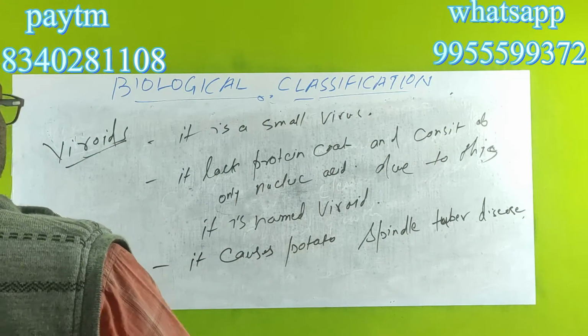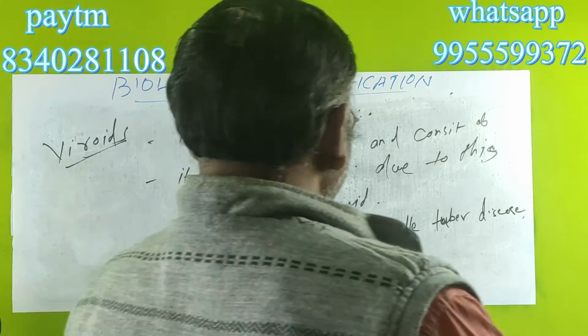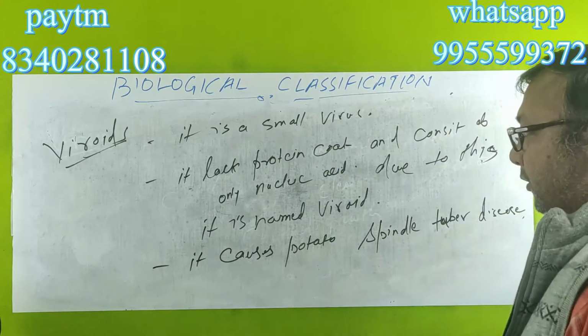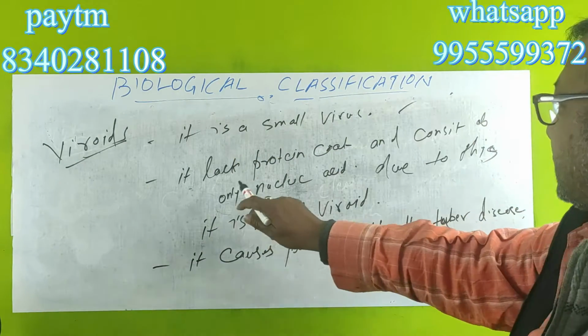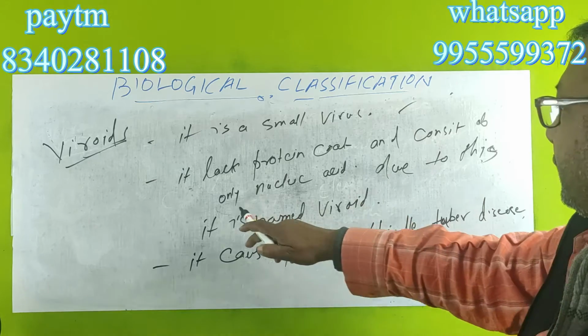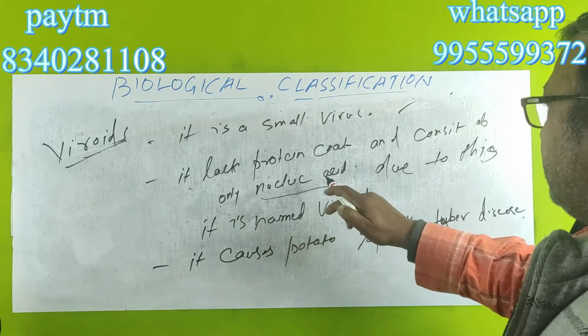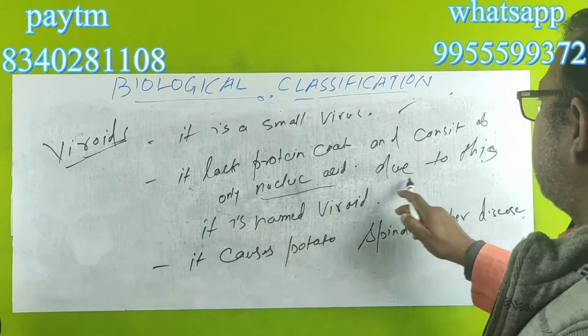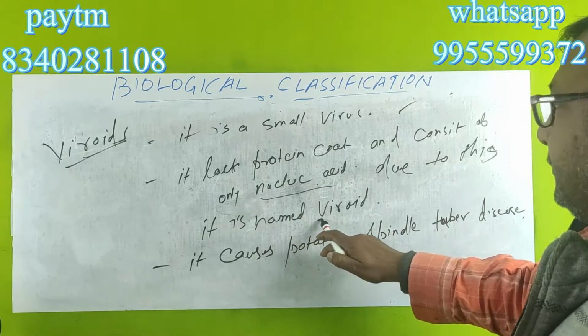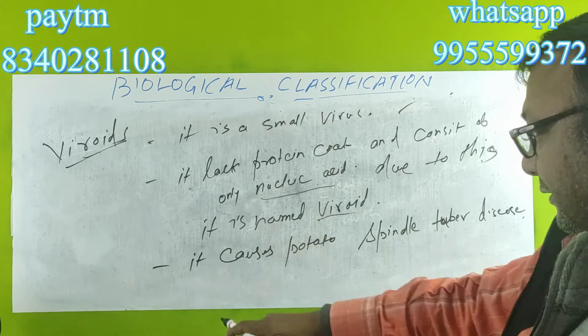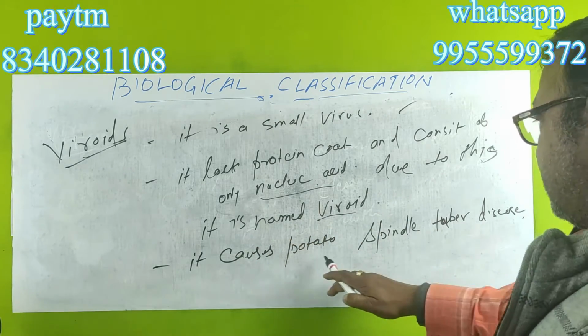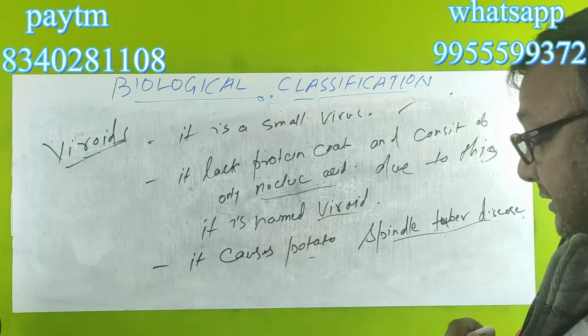So viroids are small viruses that lack a protein coat and consist of only nucleic acid; due to this they are named viroids. They cause potato spindle tuber disease.